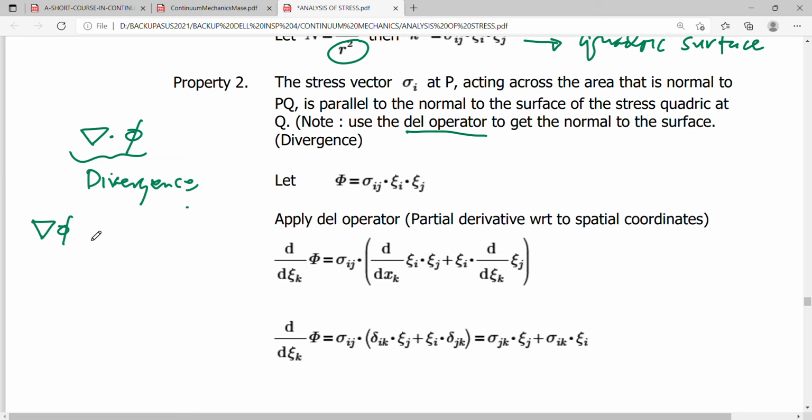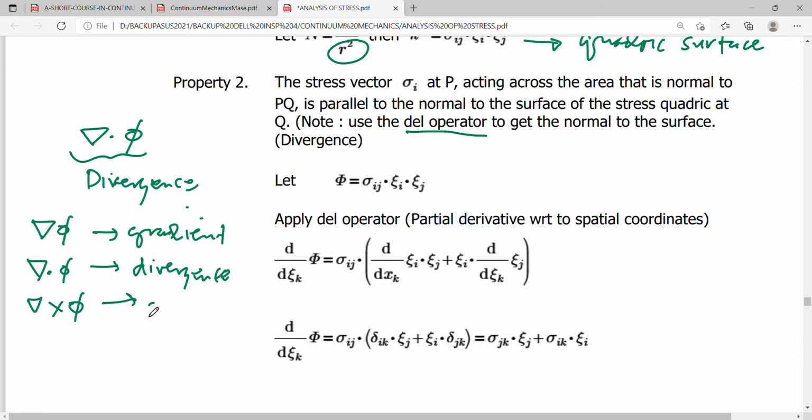Del phi is a gradient. Del dot phi is a divergence. And del cross phi is a curl.